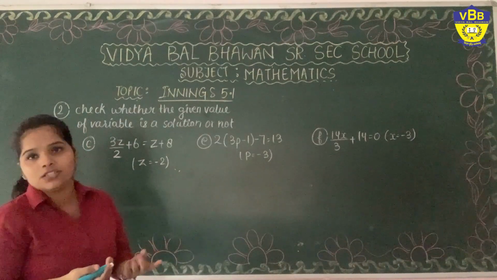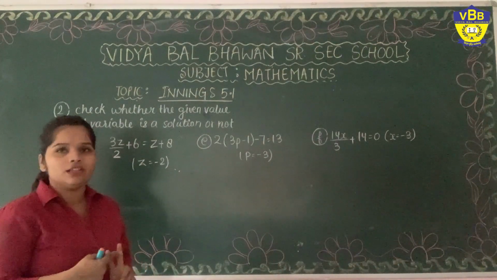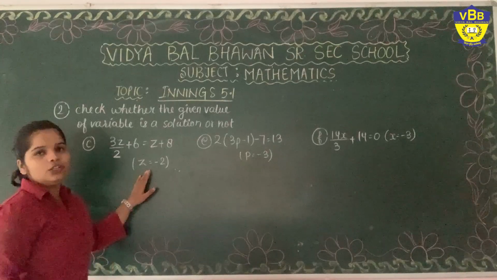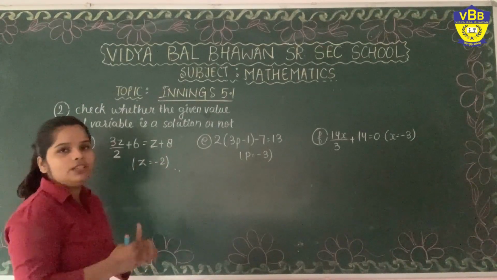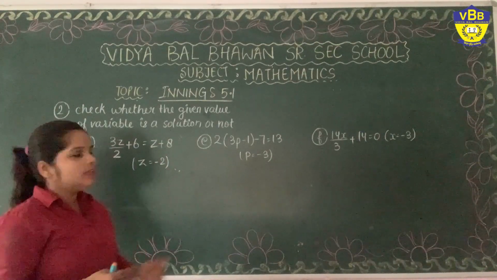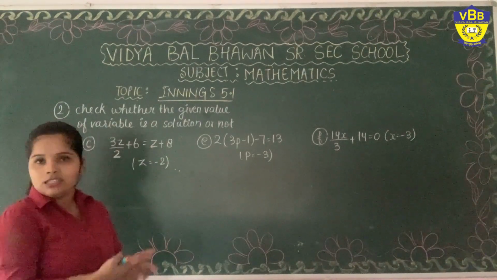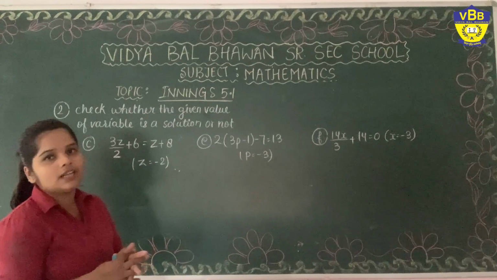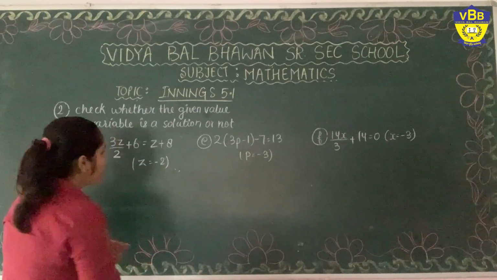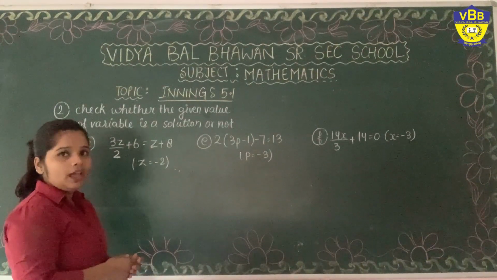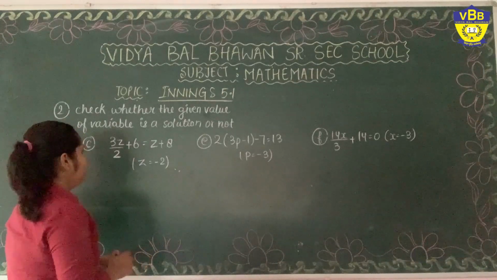What does satisfaction mean? LHS is equal to RHS. So we will put the value of the variable in the equation and find if the LHS is equal to RHS, then it is the solution. If after solving the equation LHS is not coming equal to RHS, that means it is not the solution. So let's start, and you can also solve with me.